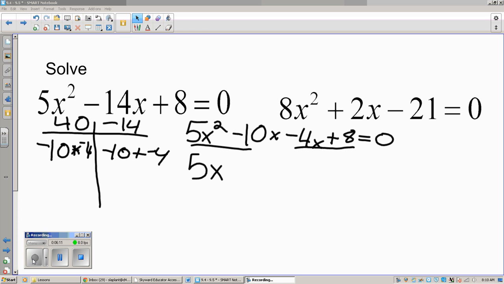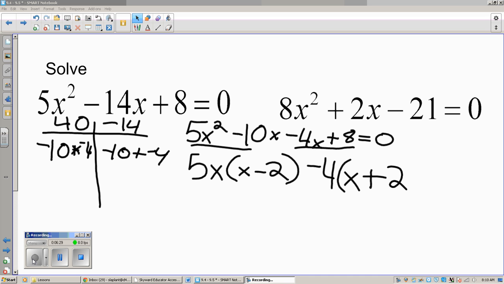So 5x and then x minus 2. Like that. And there's a negative 4, and then x plus 2. I think that's minus 2 there because you divided positive 8 by negative 4.